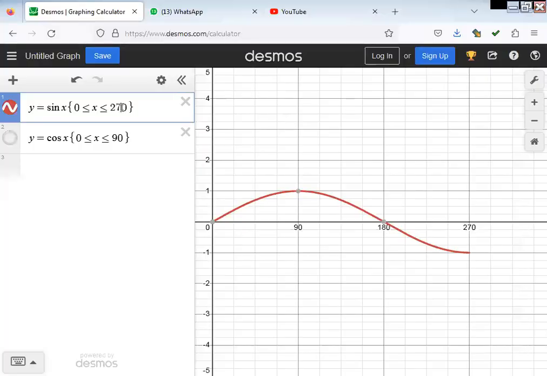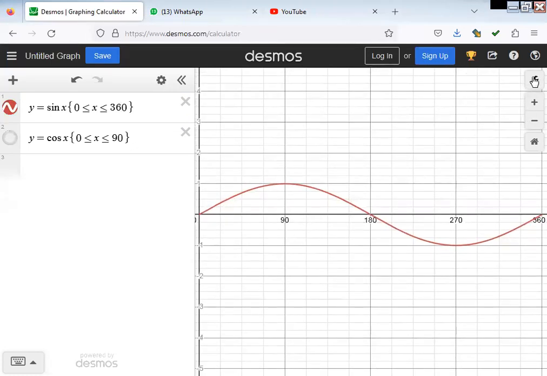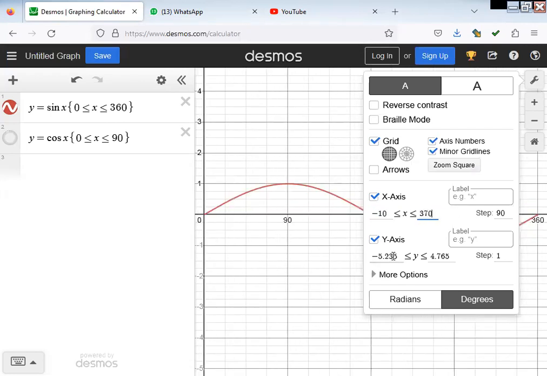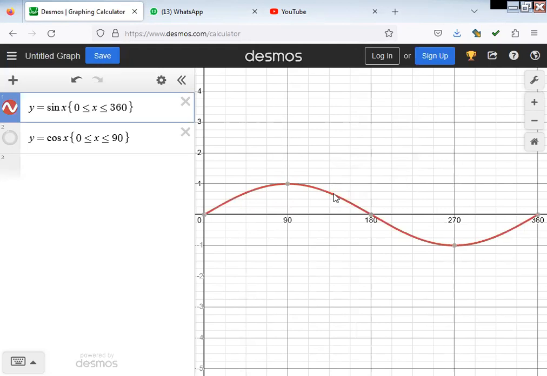So it becomes at 360. It again becomes 0. So this is your variation for sine. It goes from 0 to 90, then 90 to 180. It again becomes 0 and -1 and 0.